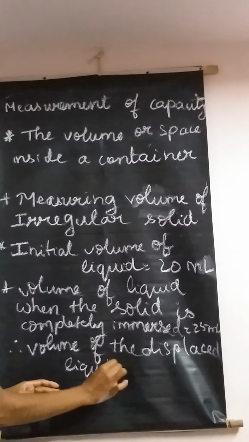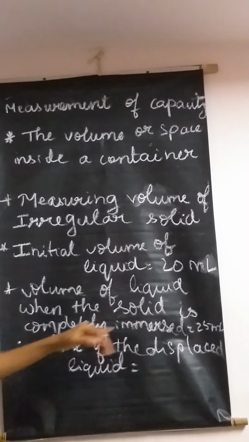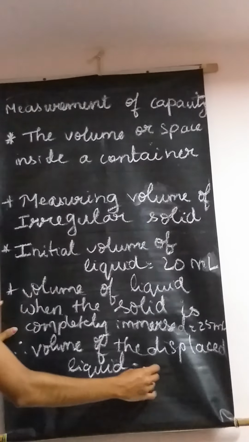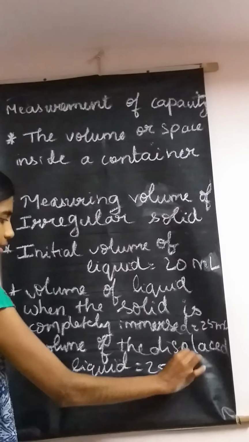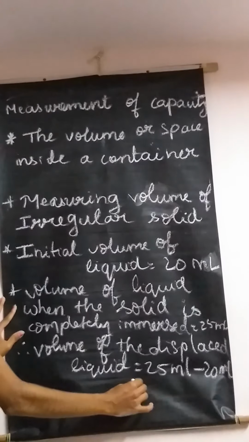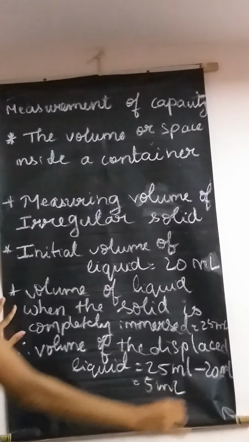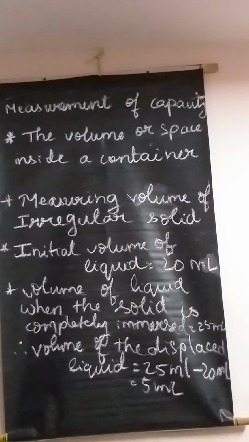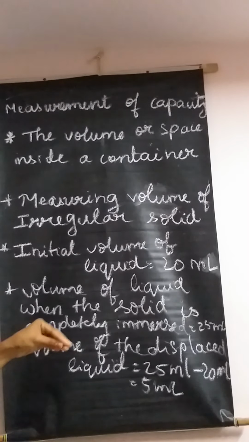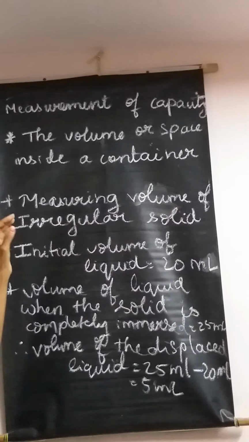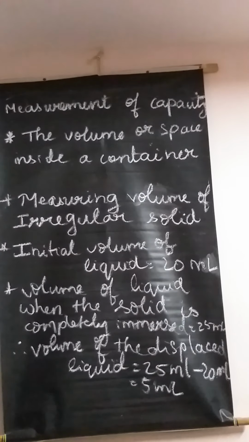That is, the displaced liquid equals the final volume minus the initial volume, that is 25 milliliter minus 20 milliliter. So how much will you get, children? 5 milliliter is the volume of that solid which we have immersed in the measuring cylinder. This is the way to calculate the volume of any irregular solid.